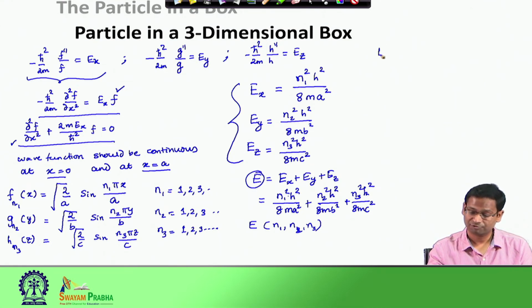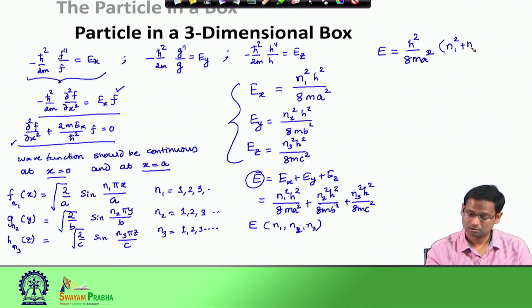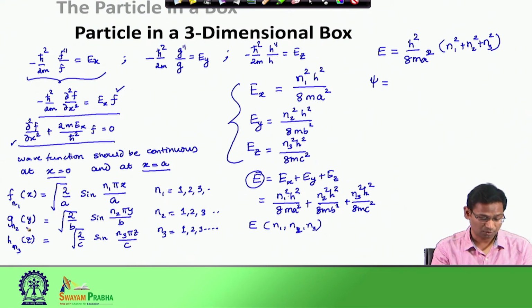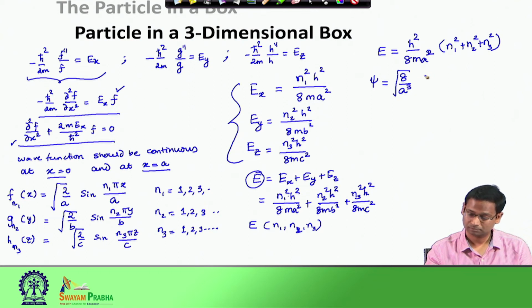So, the energy for a particle in a three dimensional box with all sides equal would become this, and the final wave function psi would be the product of f, g and h, which will simply be this wave function.